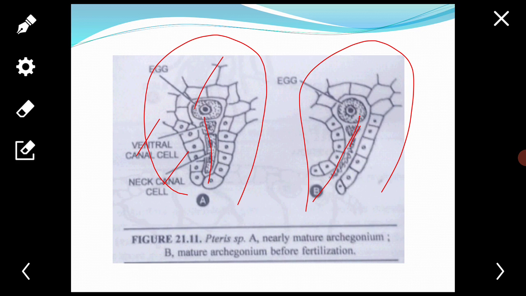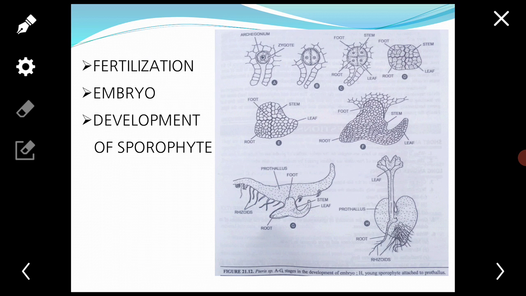There are many anthrozoids, but only one fuses with the egg. The haploid nucleus of the anthrozoid fuses with the haploid nucleus of the egg and forms a diploid zygote. Usually, only one archegonium is fertilized, the others remain unfertilized.